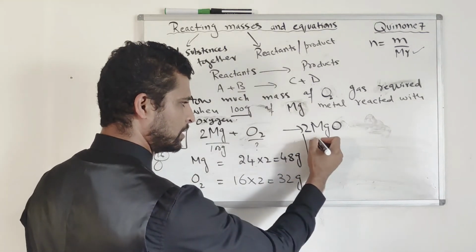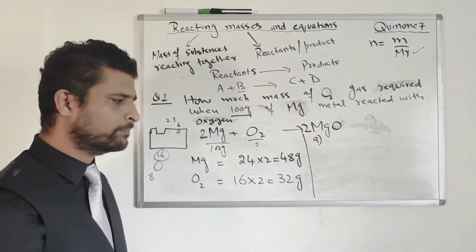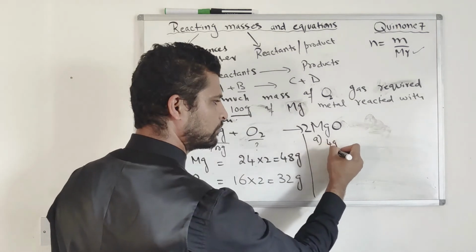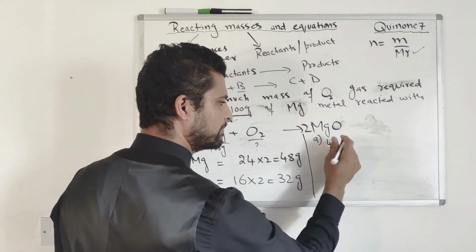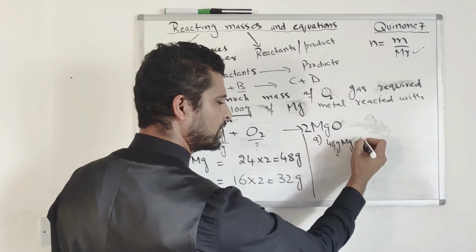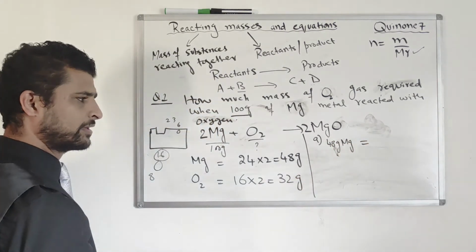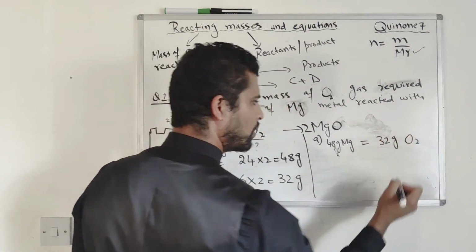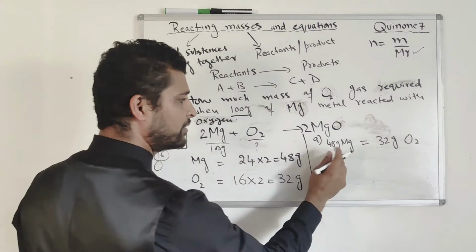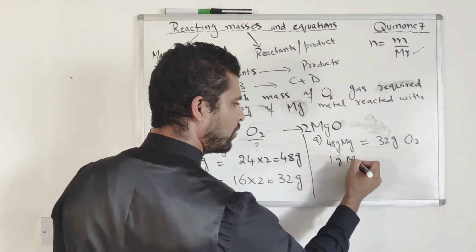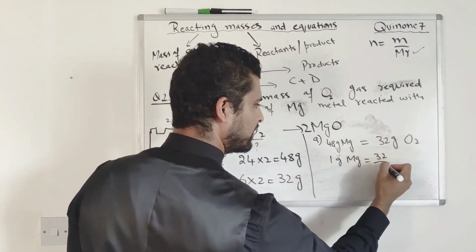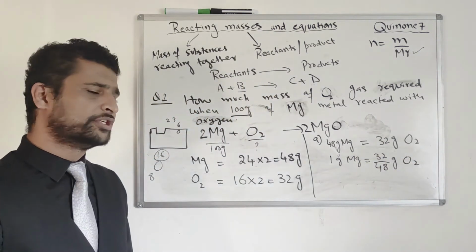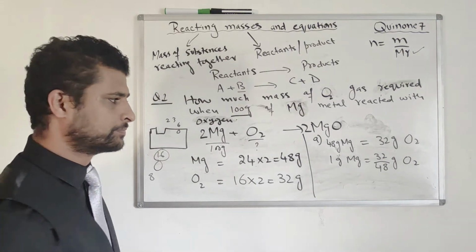So these values are actually calculated from the periodic table. Now again, what's the first step you do? You will take these values, you will say 48 grams of magnesium will react with 32 grams of oxygen. And then you would say 1 gram of magnesium will react with 32 divided by 48 grams of oxygen.